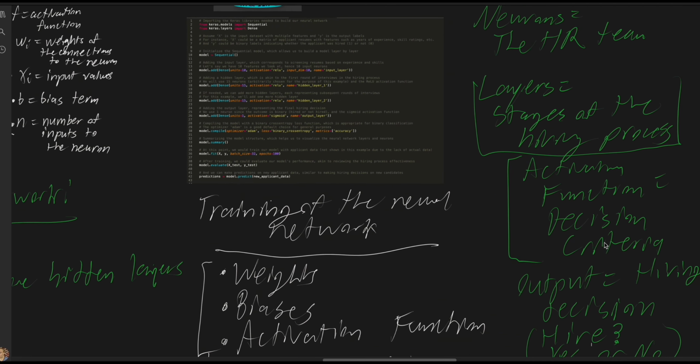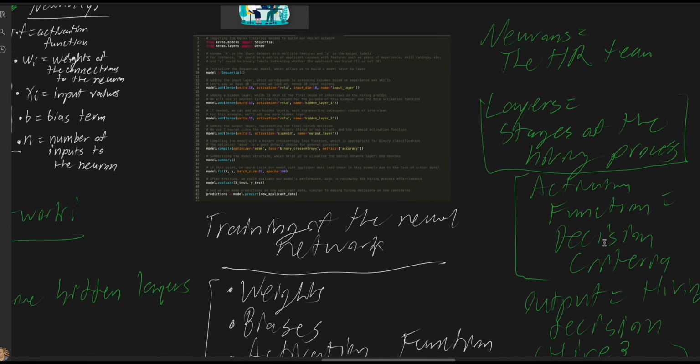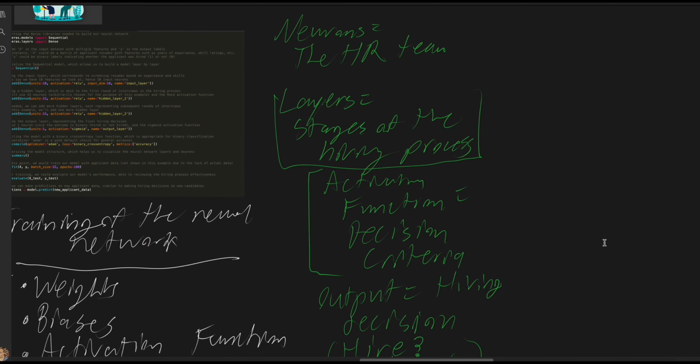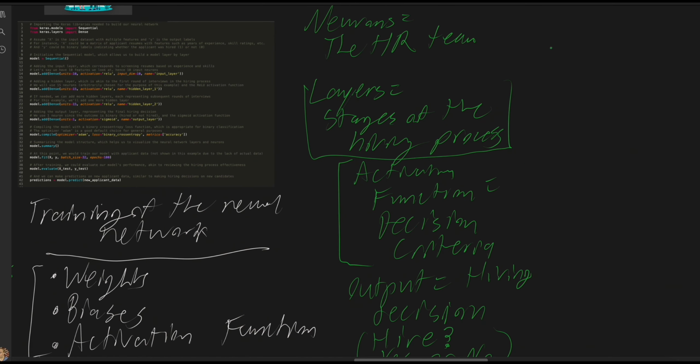Initially, resumes are screened based on the experiences and skills, and this is the input layer. So input layer, initial screening. Next, the selected candidates undergo several rounds of interviews. These are the hidden layers.